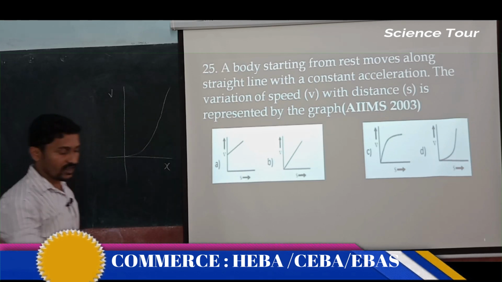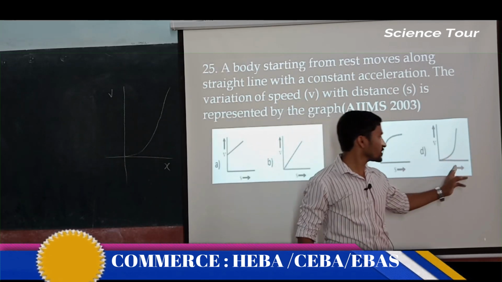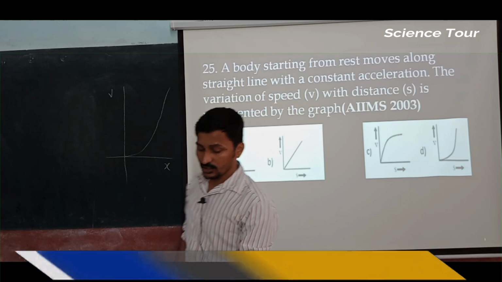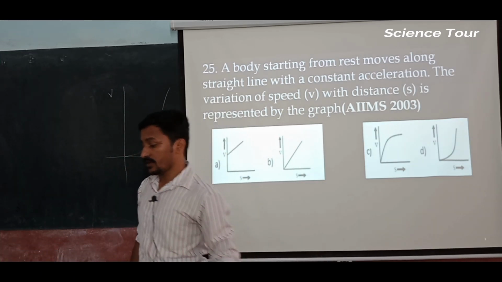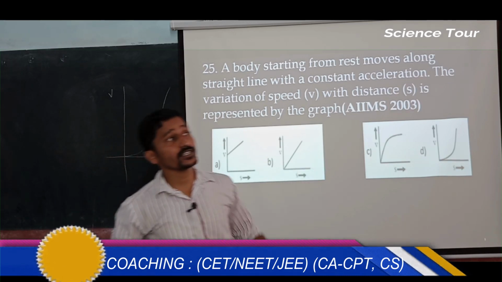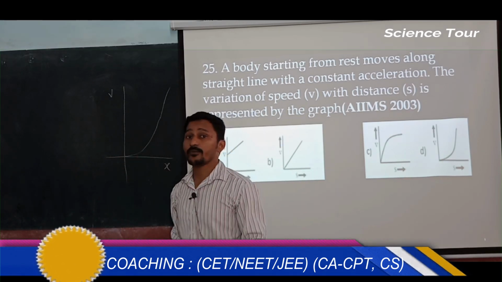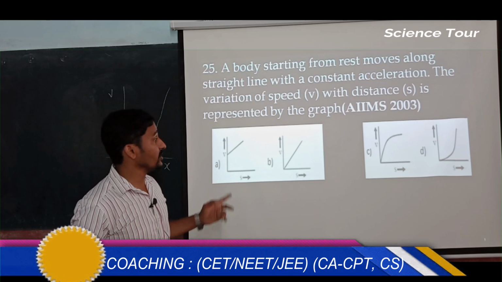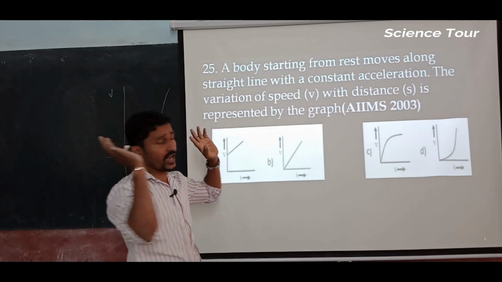And which is the graph? That is the velocity versus displacement graph. The option is D. Don't confuse it with time, okay? Because always we are writing the graph for velocity-time, displacement-time, acceleration-time, and whenever we see velocity-displacement, we should not assume the same scenario.